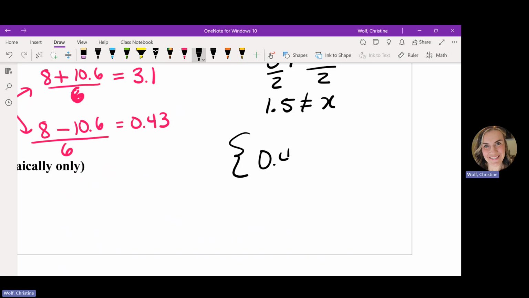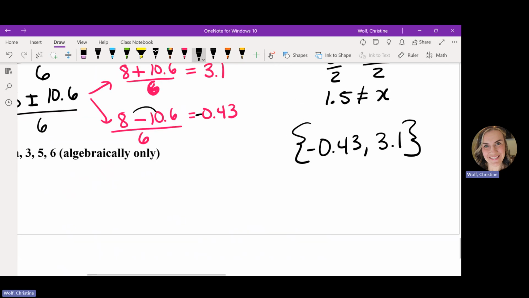So 0.43 and 3.1. Wait, negative. Yes, you're right, sorry. This one's negative, because this is negative 2.6. Okay, 3.1 and negative 0.43 are your answers.